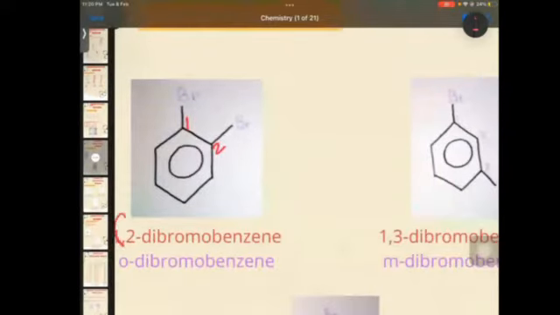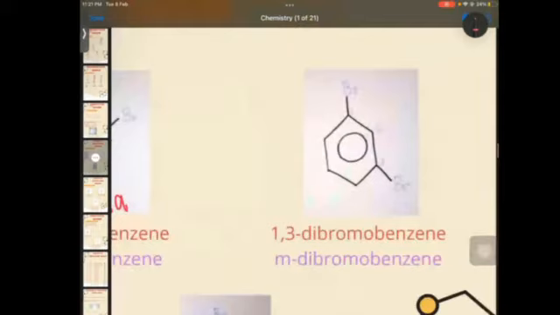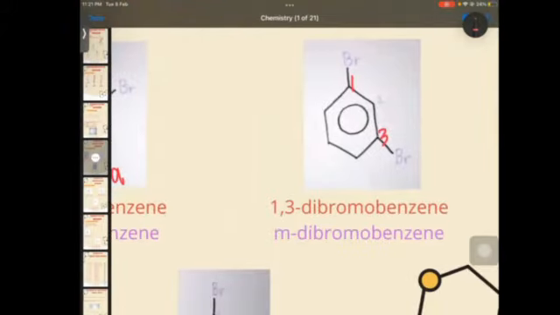So 1,2 here is ortho. The symbol for ortho is O. So it will be changed to o-dibromobenzene. Same for this one. Br in carbon number 1 and carbon number 3. So it will be 1,3-dibromobenzene. But 1,3 is meta. The symbol of meta is M. So it will be changed to m-dibromobenzene.